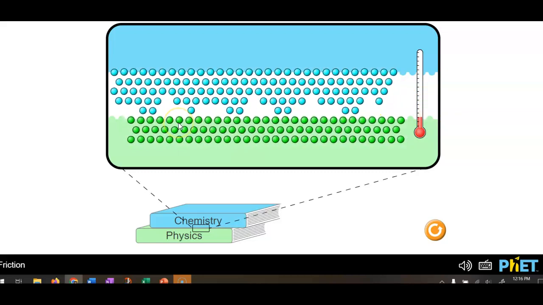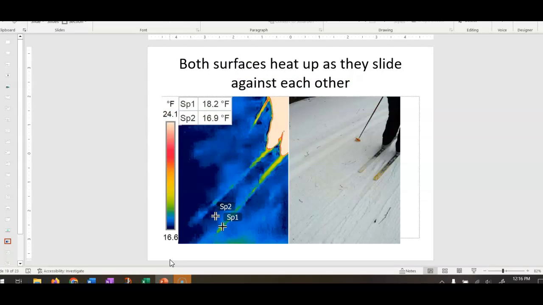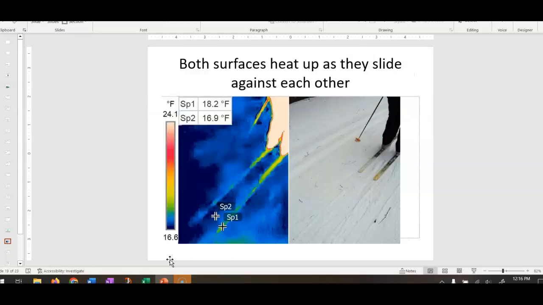So when objects rub against each other, they heat both of the surfaces up. The heating up happens at a microscopic level, and we say that it causes the energy to dissipate, because the rubbing together gave them a higher temperature.